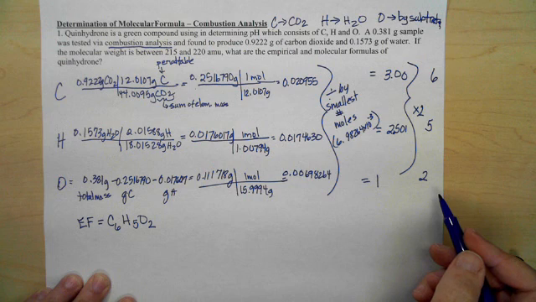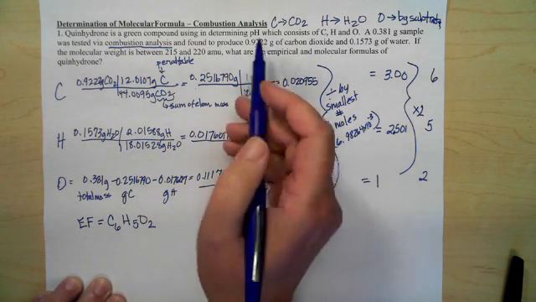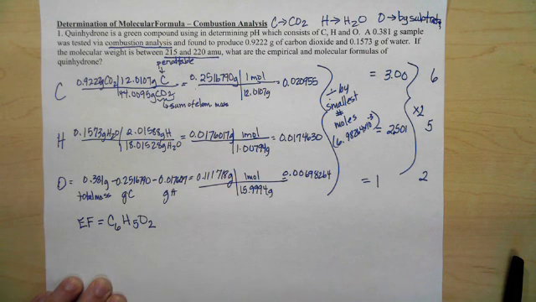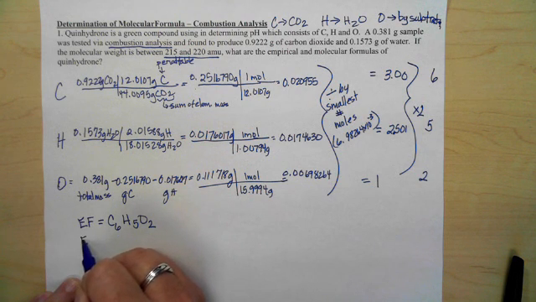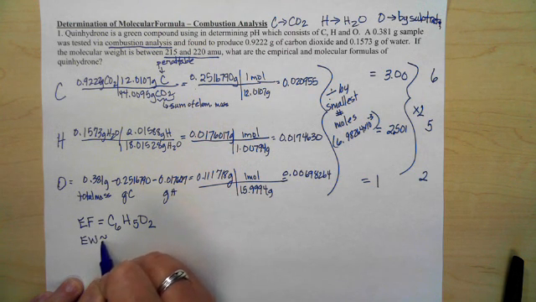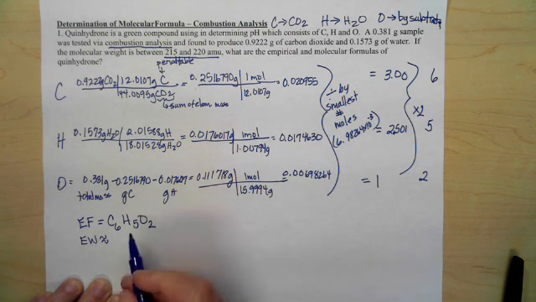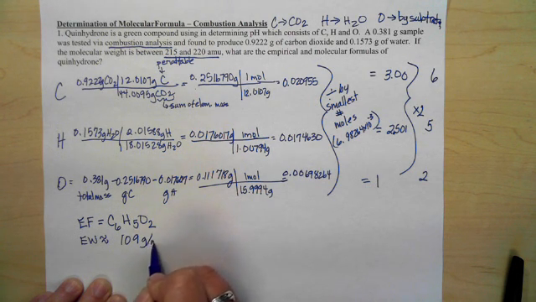Now, the additional information we're given is the mass of the molecular compound. We may also be given the number of atoms present. So if we calculate the empirical weight, which I'm just going to approximate because we don't have a good number, we get approximately 109 grams per mole.